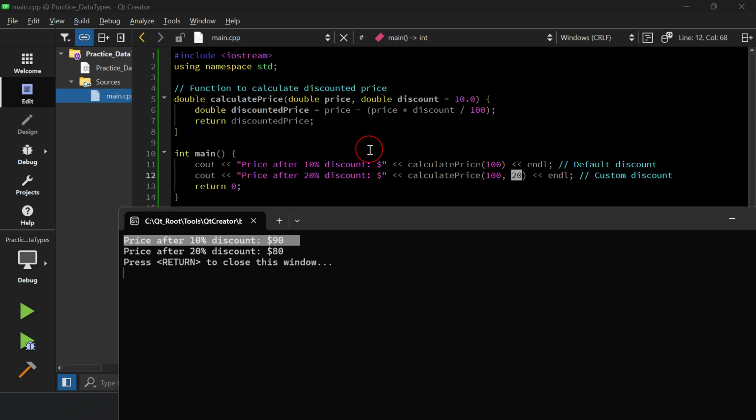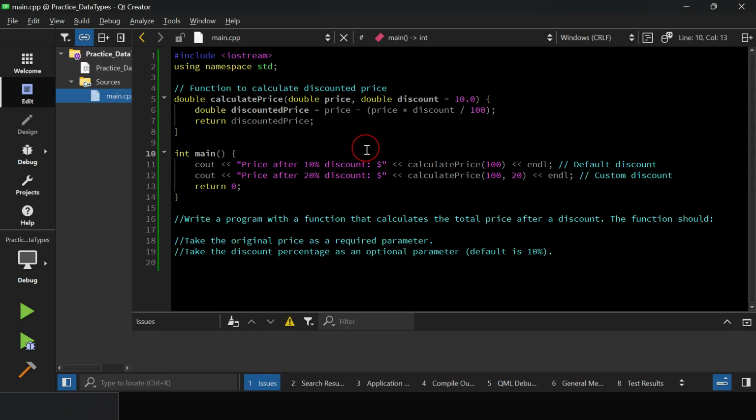The key lesson of this lecture is to be aware when you are working with a default parameter. For example, in this case there are two arguments for this function. The first one is a normal argument, and the second one is the optional argument, a default argument. If we call the function, we must have at least one argument, because the first one is not optional.